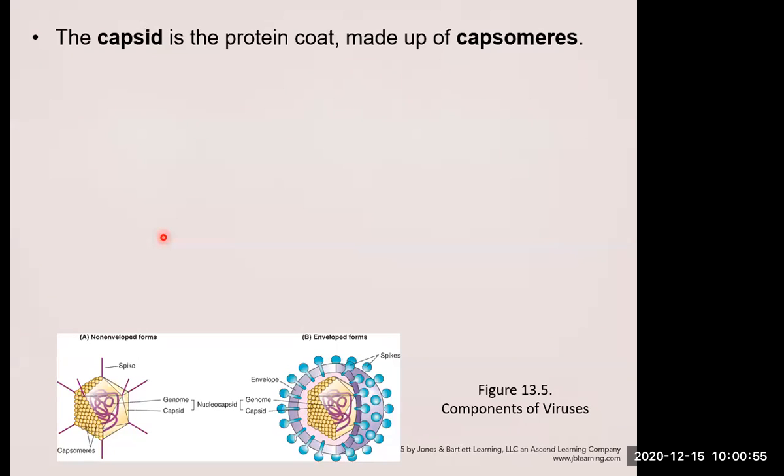So each of these little ball shapes in this yellow part is going to be a capsomere. Now, the book says that these spontaneously arrange around a nucleic acid. I'm assuming that has to do with some sort of hydrophilic, hydrophobic interactions in their environment, but it doesn't go into detail about that.